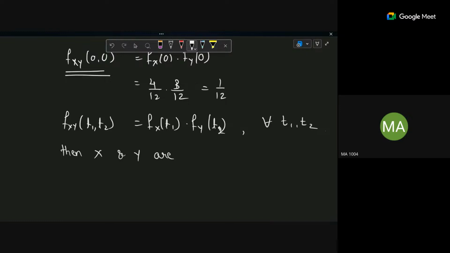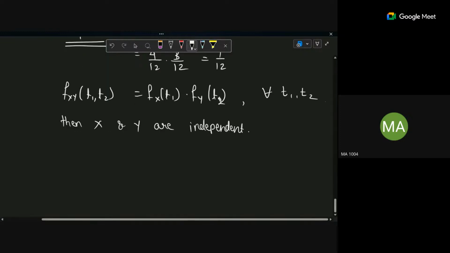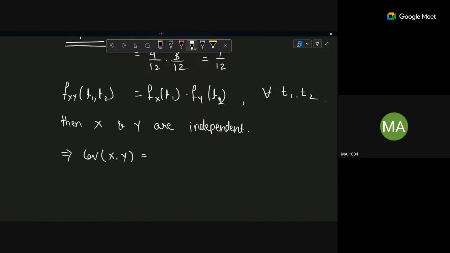And once they are independent, you can use the argument that X and Y are independent, so your covariance will be 0.